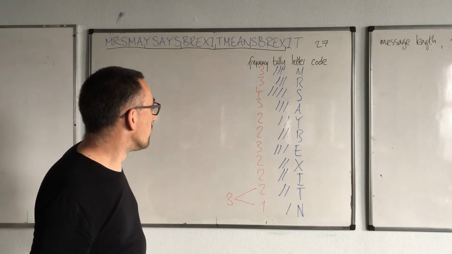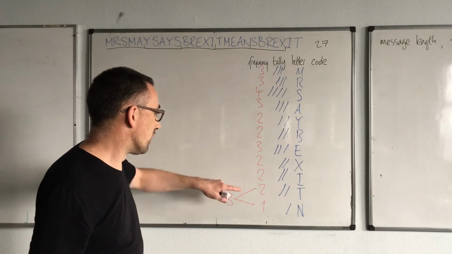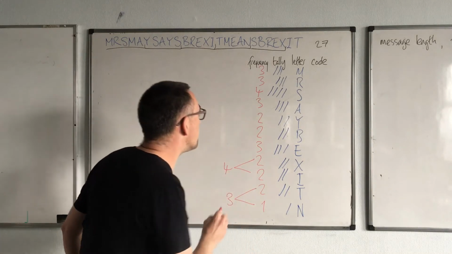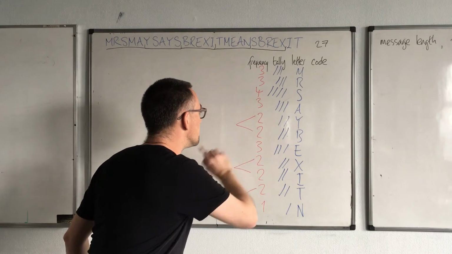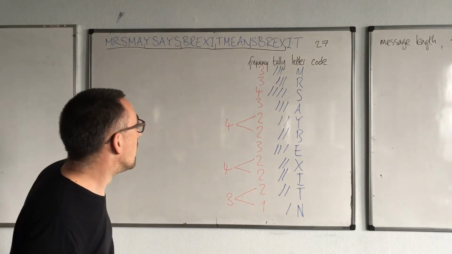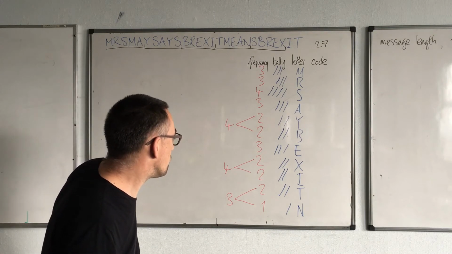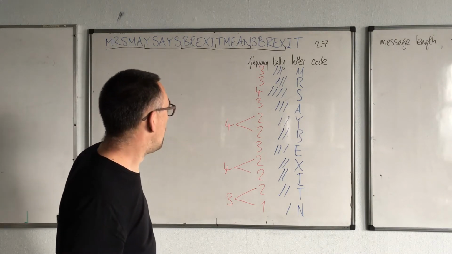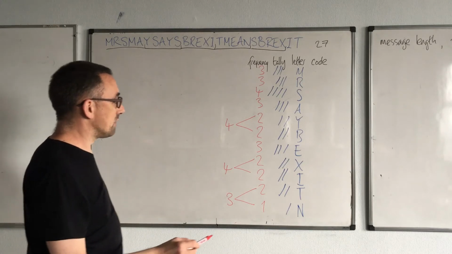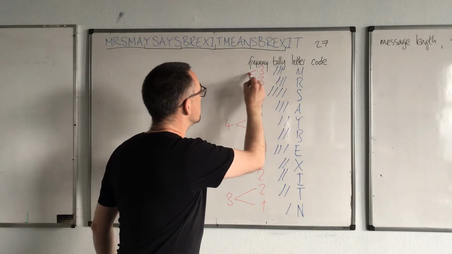And now we've run out of 1s, but we've still got 2 2s, so 2 2s make a 4, another 2 2s make another 4, and now we seem to have run out of 2s, so we're going to have to move on to 2 3s.